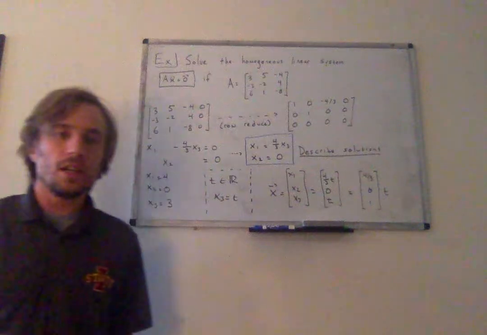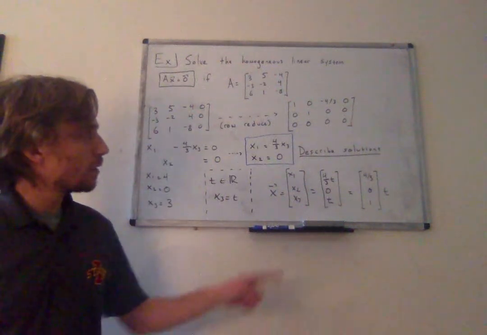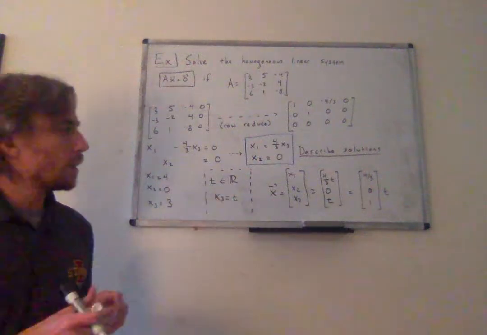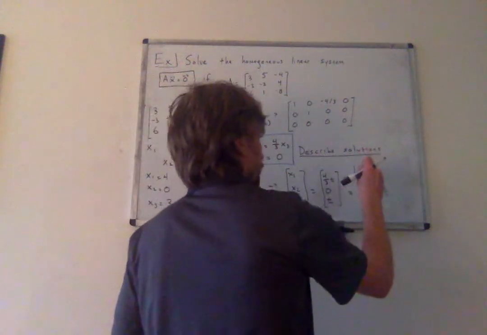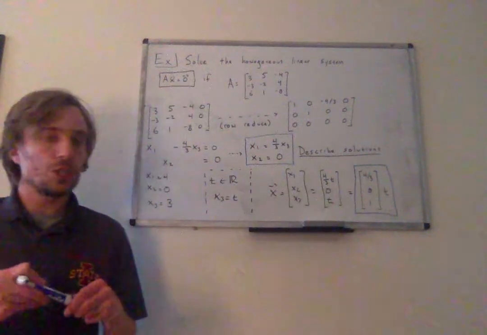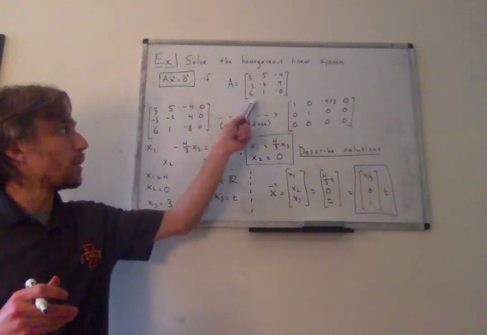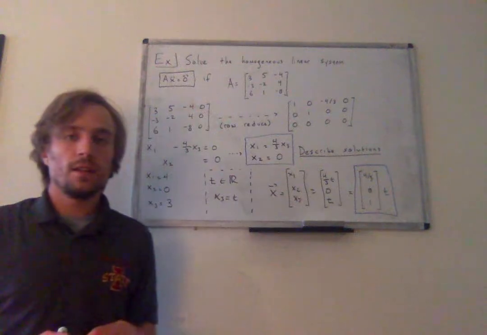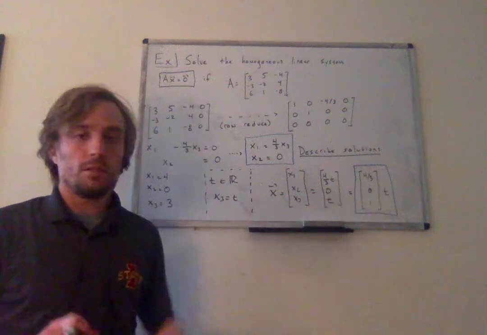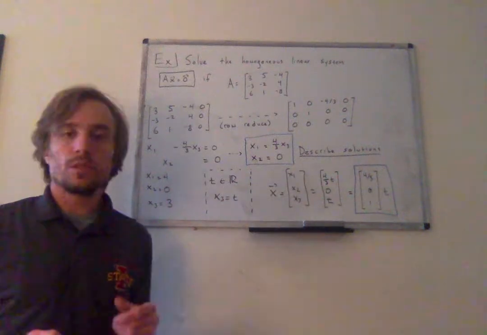And what I've just done is described all solutions to my linear system, because what this vector scalar product tells me is that every solution to this linear system of equations defined by this matrix A has to be of the form of the vector 4/3, 0, 1 times some real number.